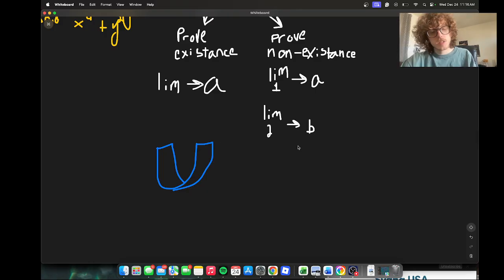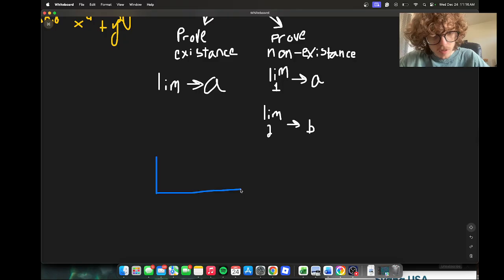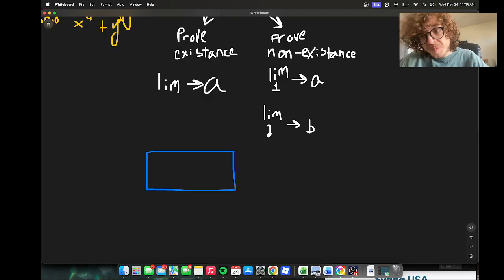Imagine this is our surface in 3D, and let's say I'm having a top-down view of it, so it would be just a rectangle. Sorry, I seem to suck at drawing. Let's say we want to find the limit as we approach (0, 0), the origin.